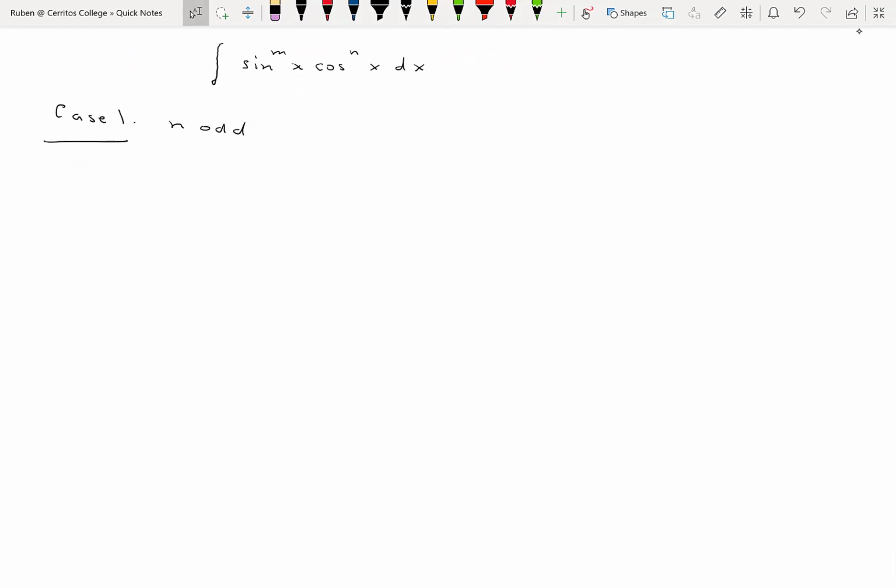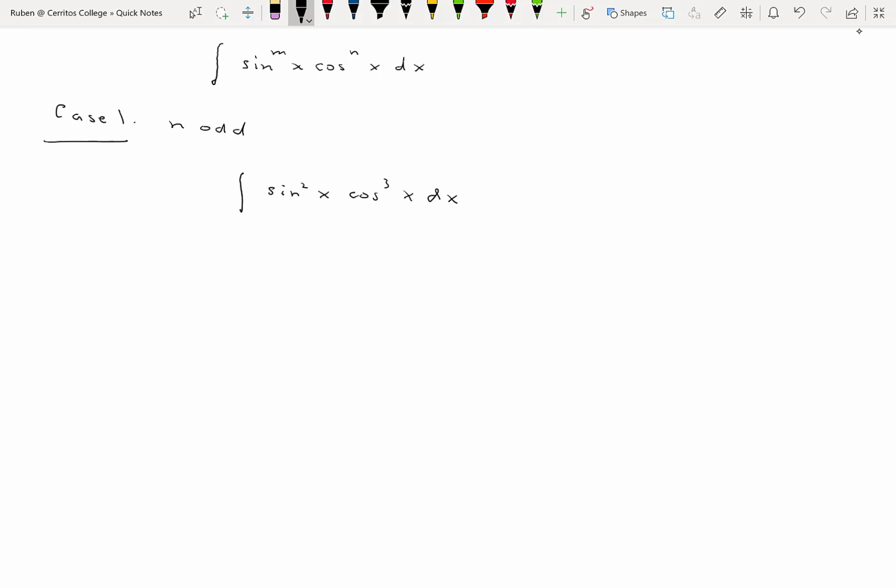Let's take a look at a specific case. Let's say, sine squared x, so m, as in Mary, is even, cosine cubed x. So there's where n is. n equals 3.